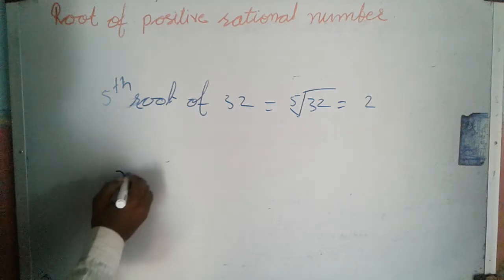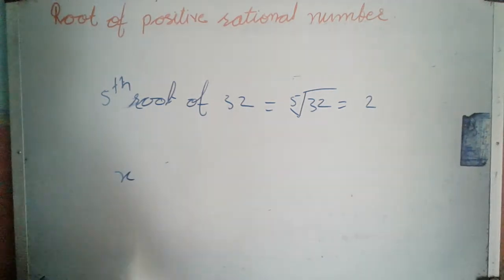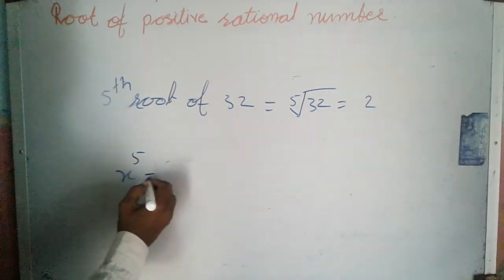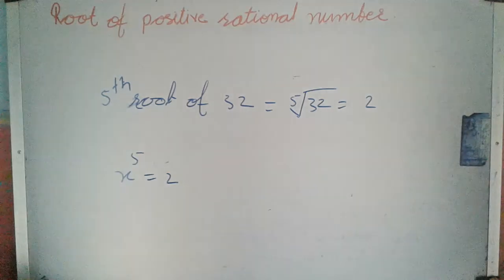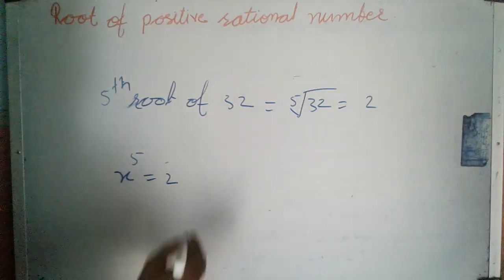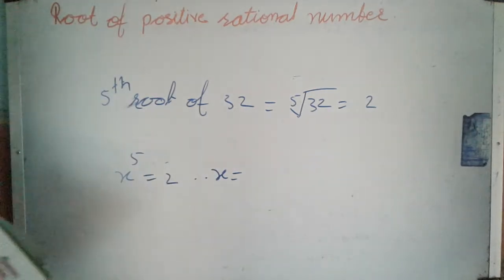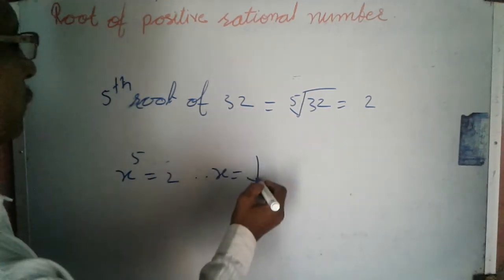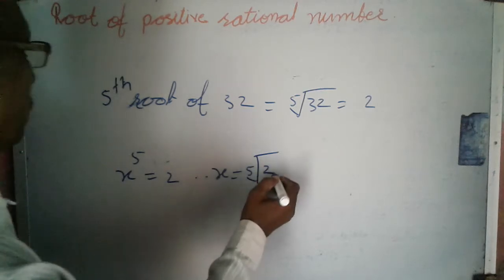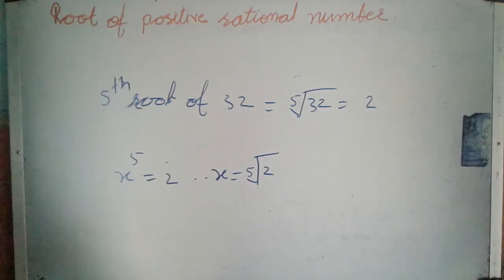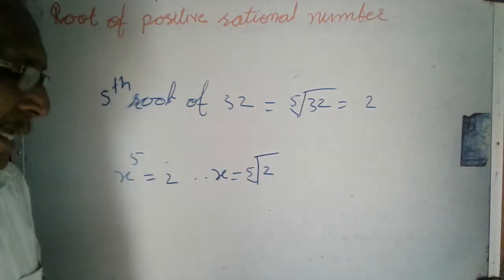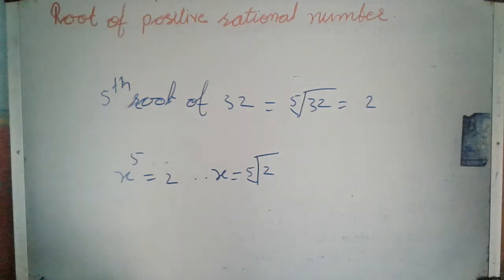And if x raised to 5 is equal to 2, then x is equal to the fifth root of 2. Now here the fifth root of 2 is an irrational number.